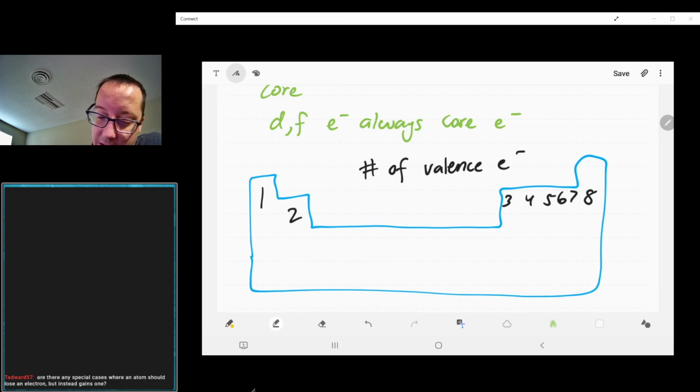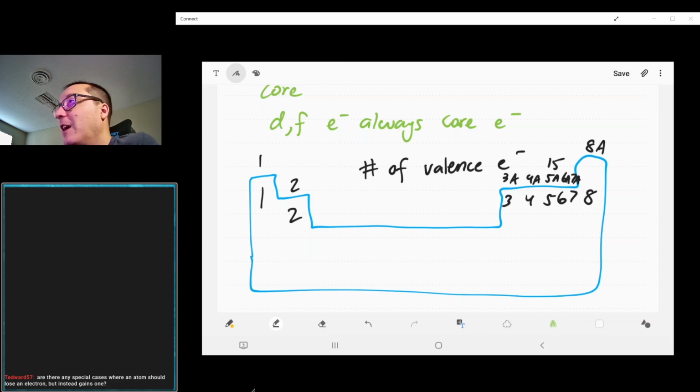Note that the groups are the same name as the number of valence electrons that they have. Or if you're looking at one that has 15, you just subtract 10, and that'll tell you the valence electrons. So if you ignore the transition metals, if you just label 1 to 8, you're going to see that the number of valence electrons will just increase by 1 as you go through.